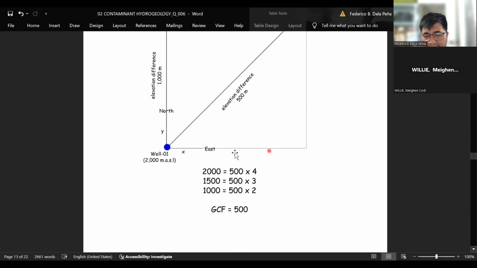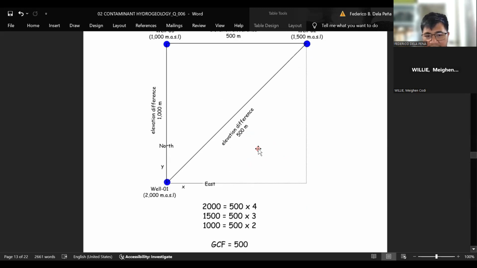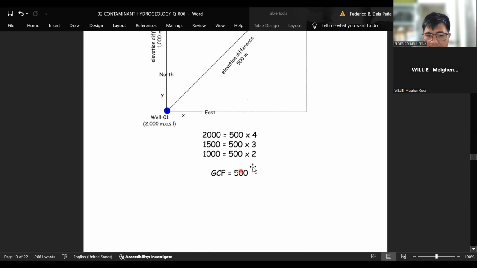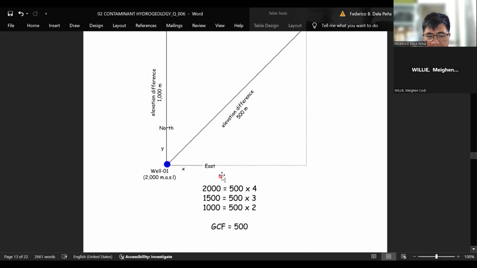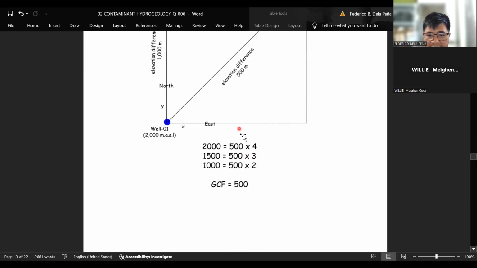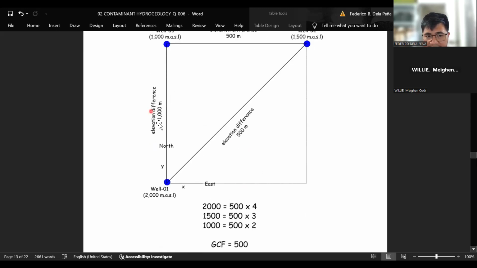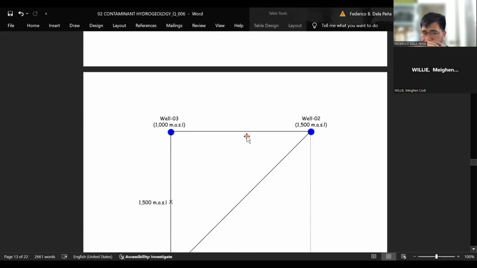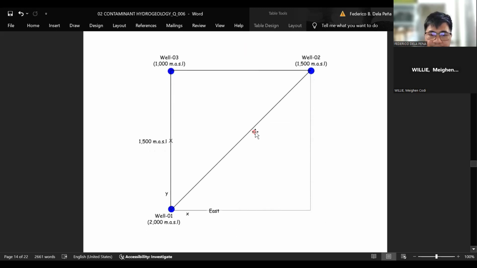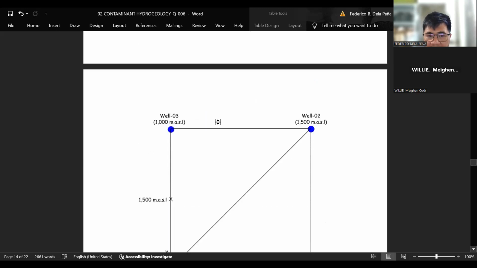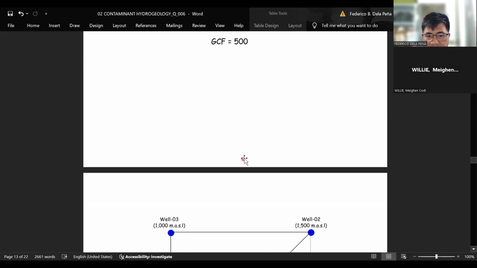So in this case, you can just do it by trial and error. At least we know here that the greatest common factor of these three elevations is 500. So the GCF is 500. That's the biggest number that can divide all these three elevations.